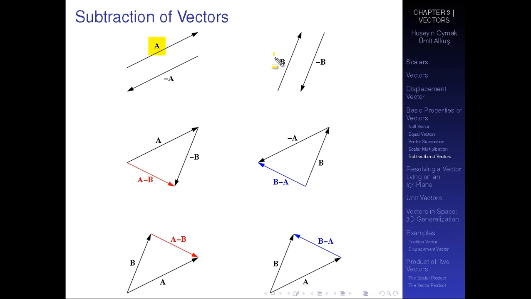Now we consider two vectors A and B as shown in this figure.